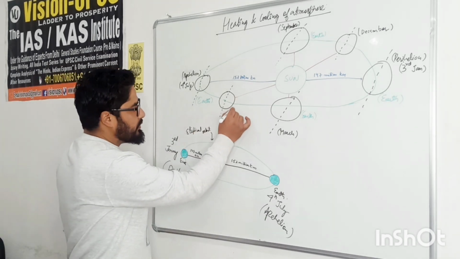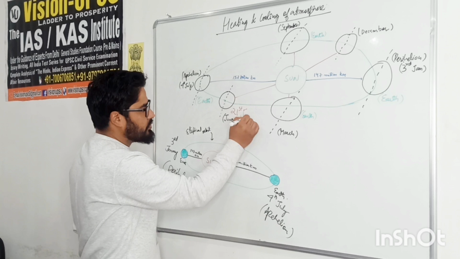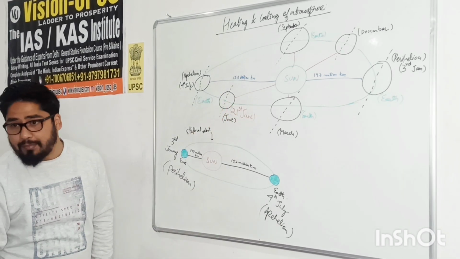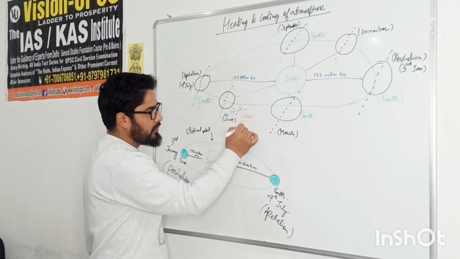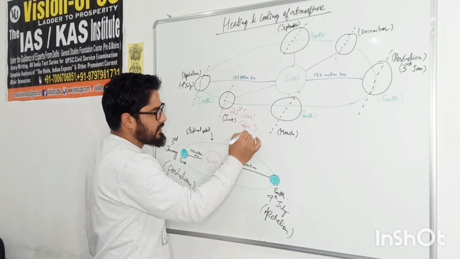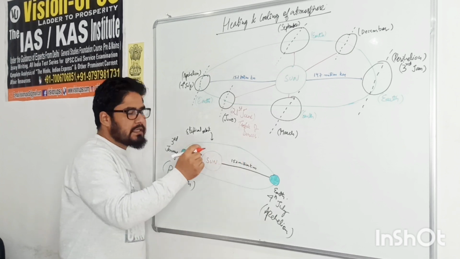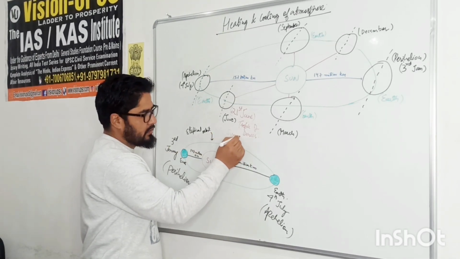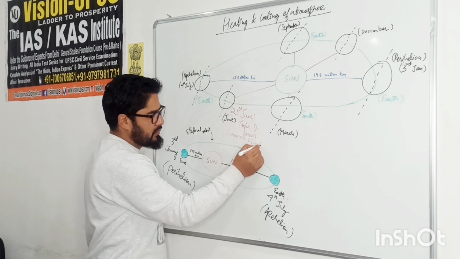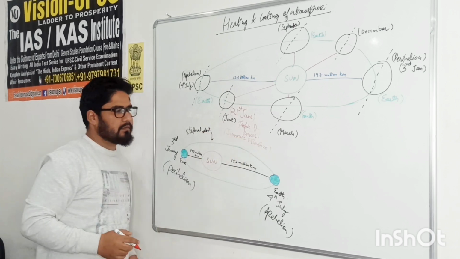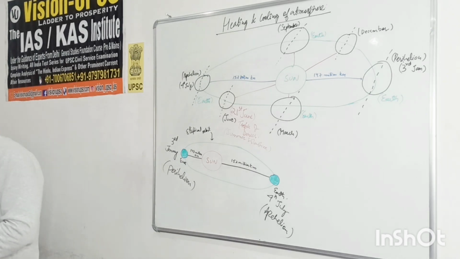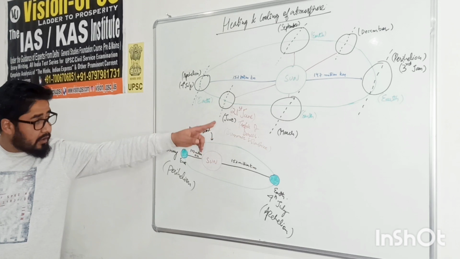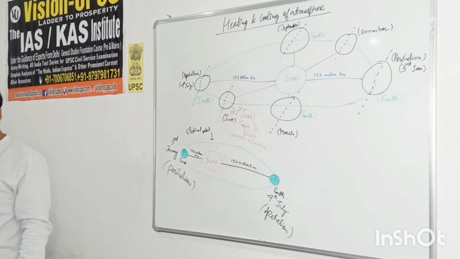We have 21st June when sun directly shines over Tropic of Cancer, and this is known as summer solstice. Solstice, when sun is directly over Tropic of Cancer on 21st June, it is known as summer solstice.